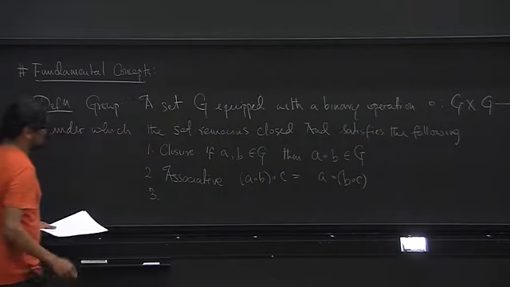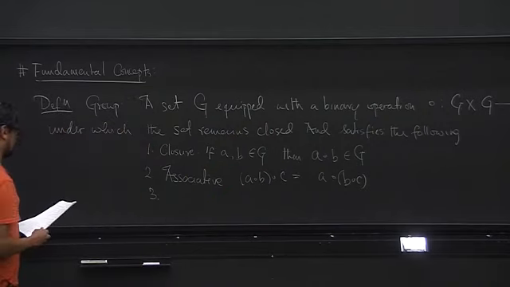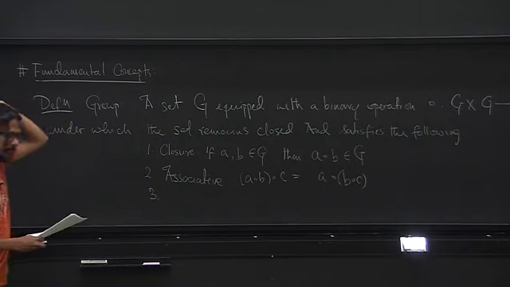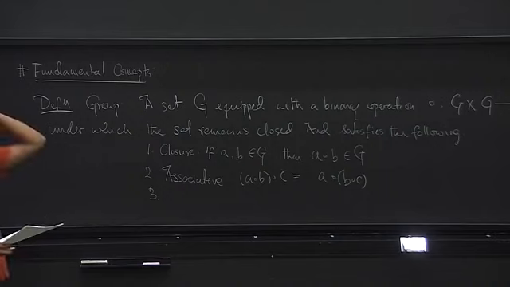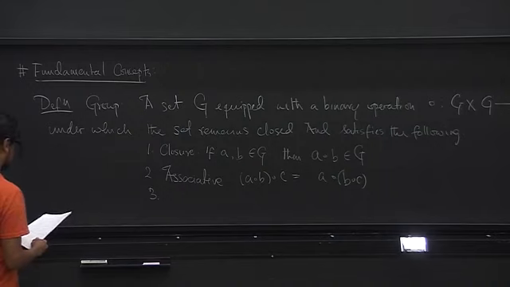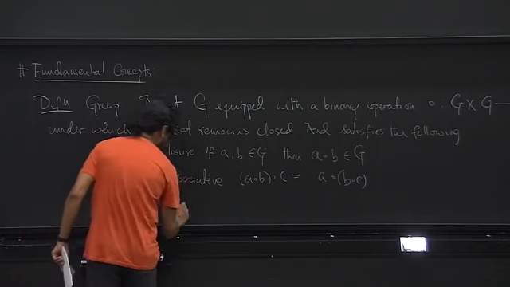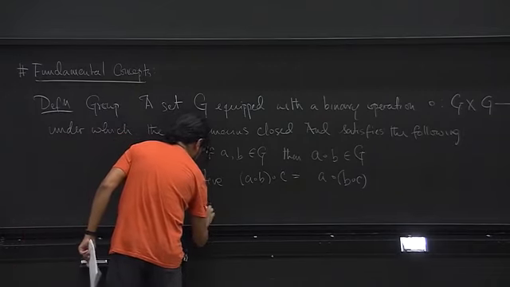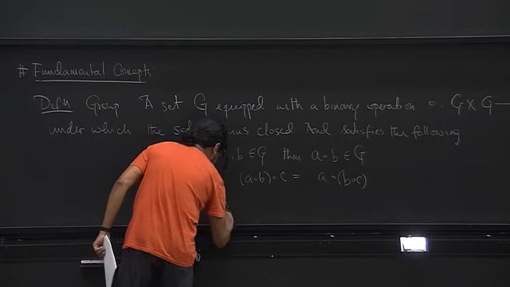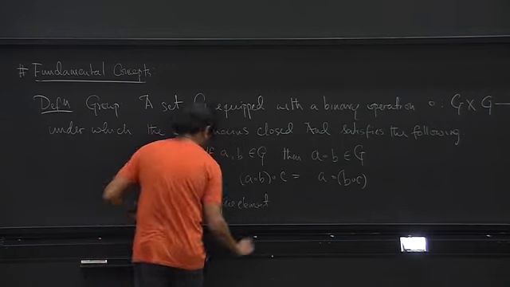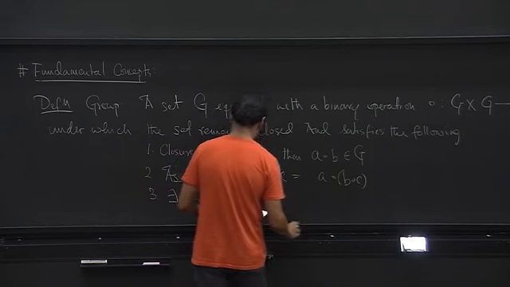There are objects in mathematics which are not associative, for example, the octonions. I think the quaternions are associative, right? So there exists a unique element which we call the identity.